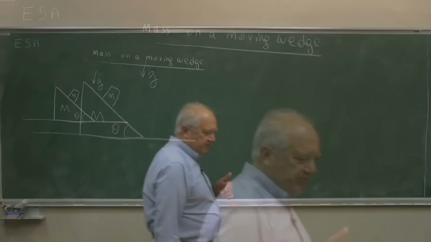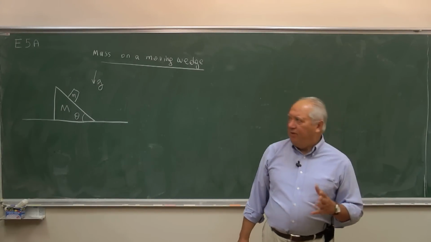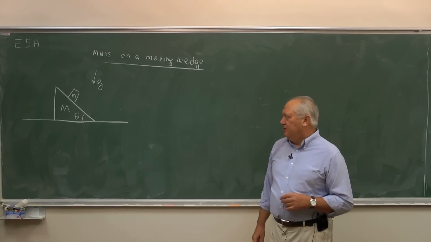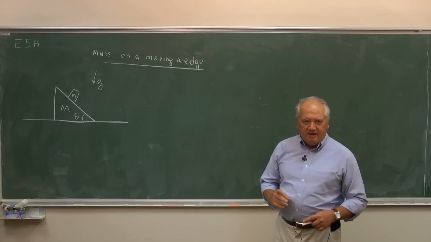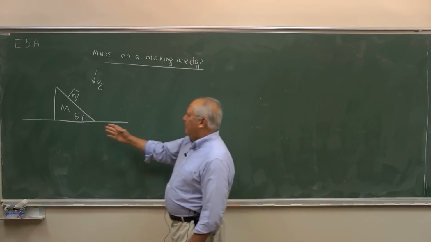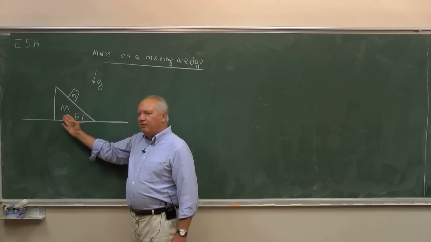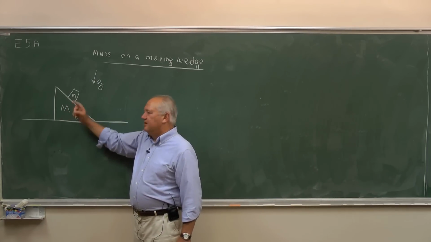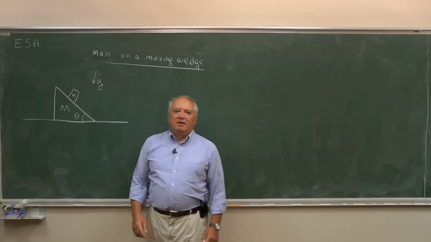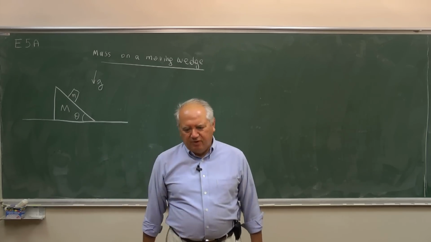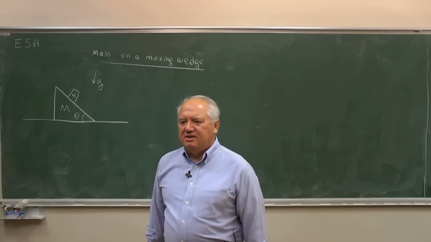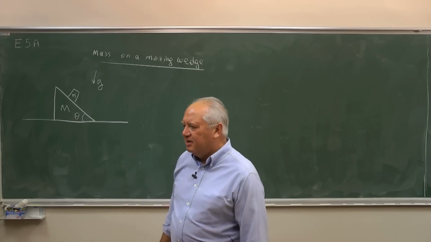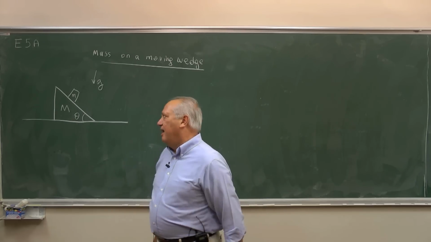This system is different from the systems studied so far, because the system has two accelerations. One is the acceleration of the wedge, the other one is the acceleration of the mass. In the problems before this one, we had seen systems, one mass or two masses, but they had the same acceleration.